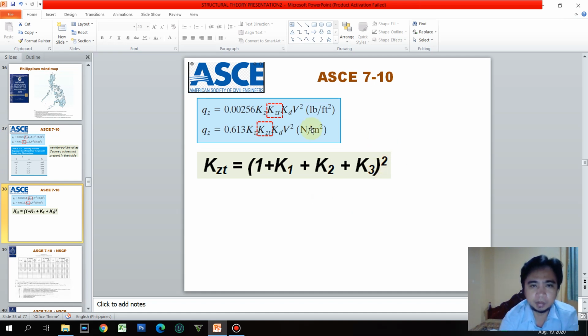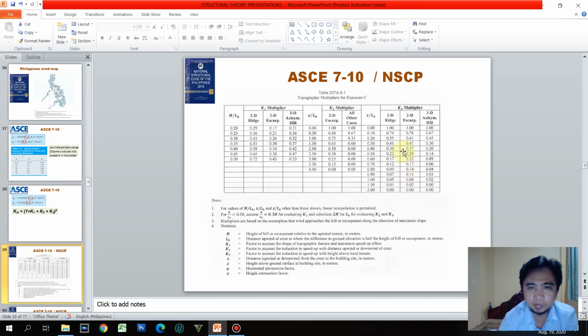Okay, and then the next variable is Kzt, where Kzt is equal to (1 + K1 K2 K3) squared. The values for that we have here in Table 207A.8-1 of the NSCP, depending on the ridge, escarpment, or axisymmetric hill, X over LH, 2D or all other cases.